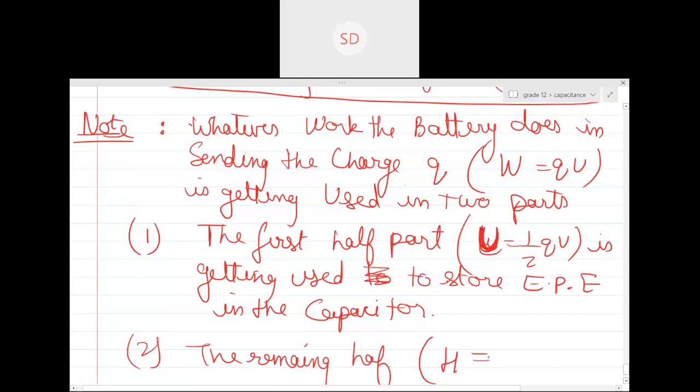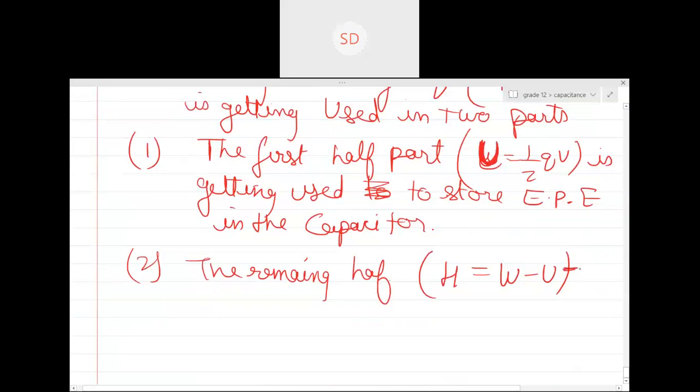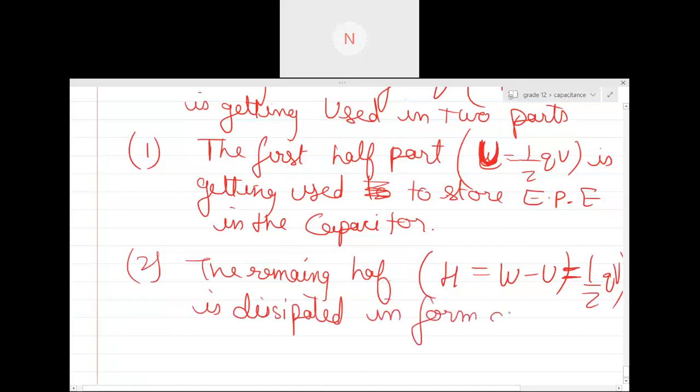So H is basically W minus E, which is also half Q into V. The remaining half is dissipated in the form of heat. Okay, remember this thing, guys.